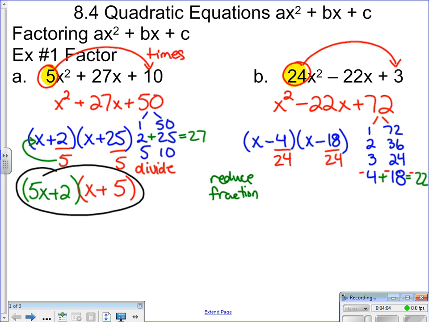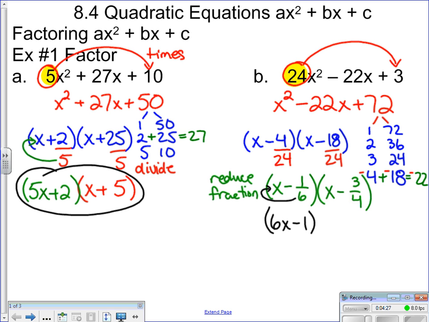Four over 24 can be reduced to 1 over 6. 18 over 24 can be reduced to 3/4. It's at this point, now that the fractions are reduced, we will slide the denominator into the front.